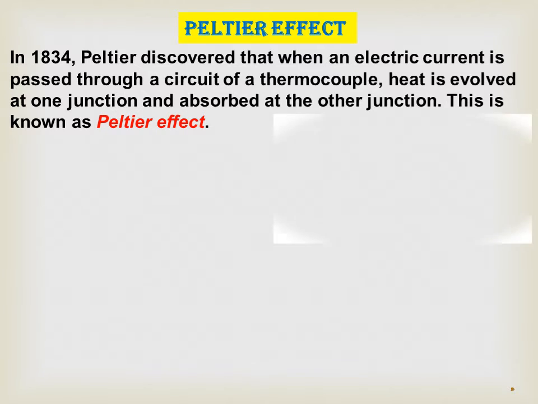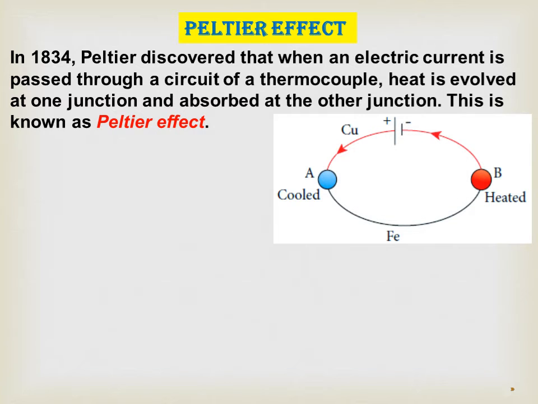In the circuit, you can see two types of metals, Cu and Fe. The side A is cooled and the side B is heated. In between we have a battery terminal.